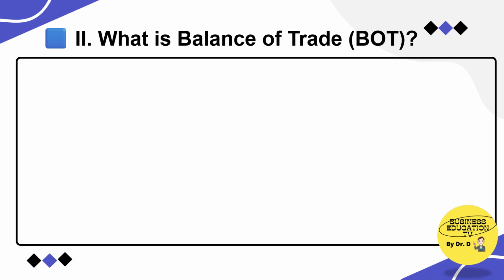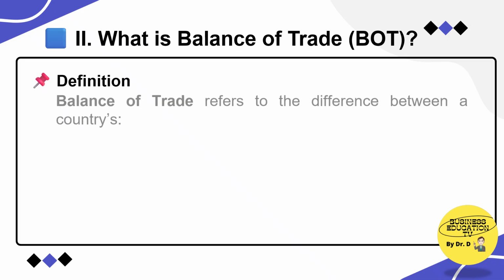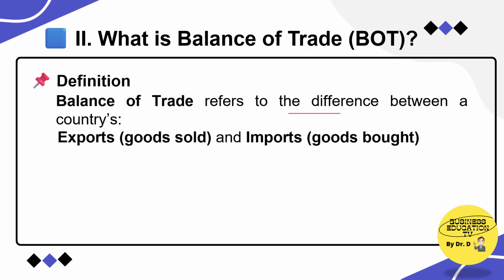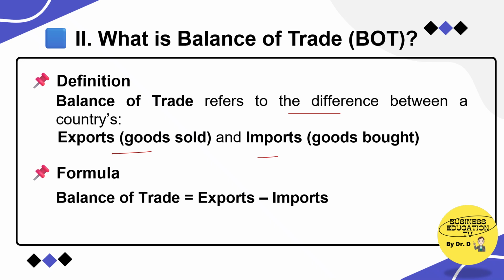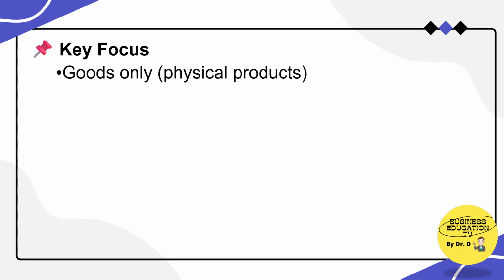So what is BOT, or balance of trade? Balance of trade refers to the difference between a country's exports, which is goods sold, and imports, which are goods bought. The basic formula is balance of trade equals exports minus imports. What is the key focus of this BOT?